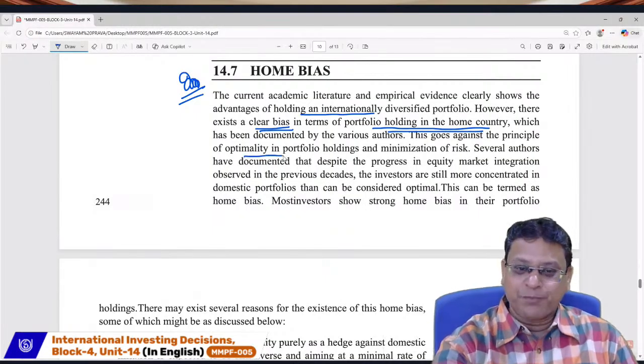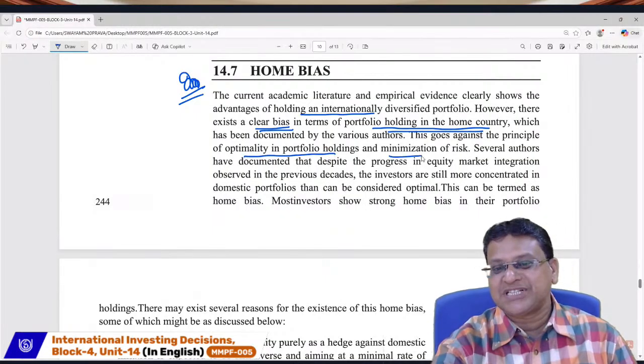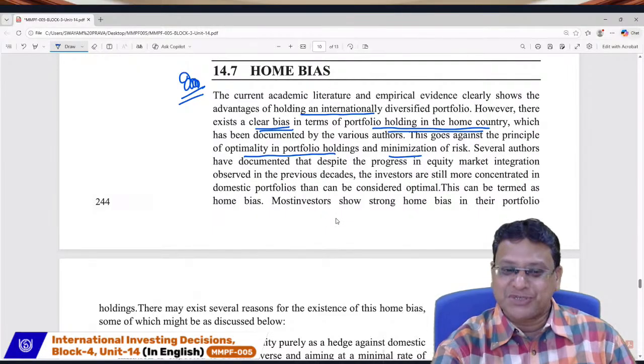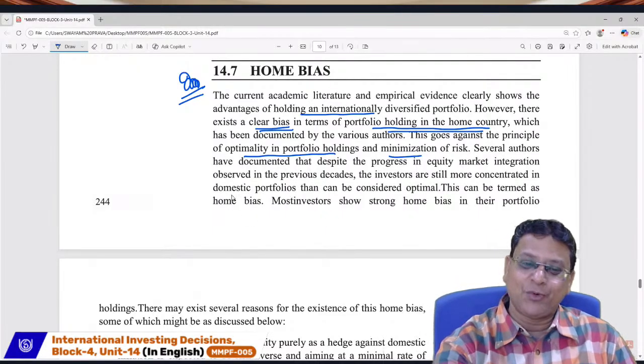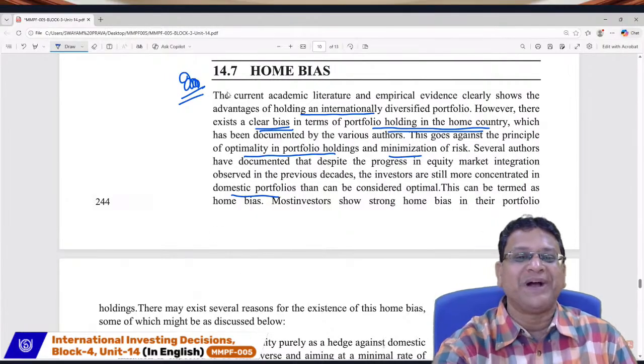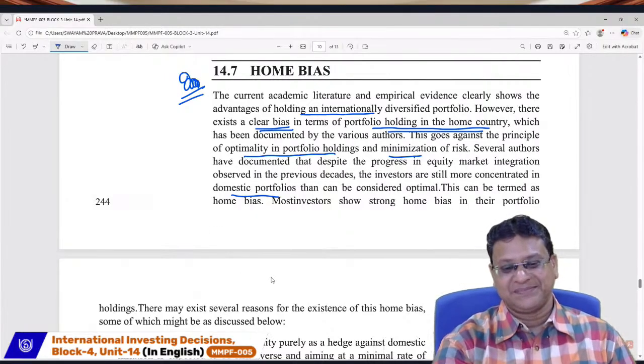So in order to get an optimal portfolio, one must invest in different countries, but practically investors are interested much more in investing in their own country than foreign country. That is known as home bias. And this concept is known as home bias.